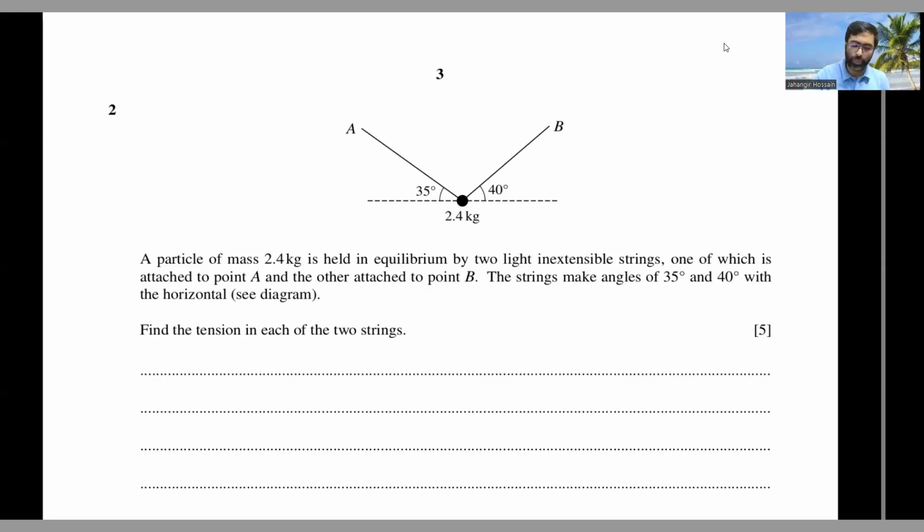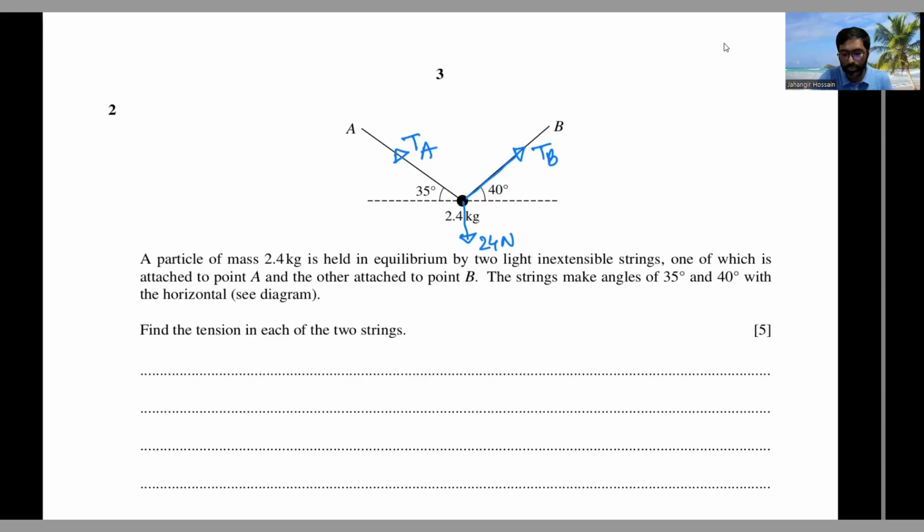Now let's see what forces are acting on the particle. There is tension coming from string B, and this string, let's call it TA, and there is weight. These are the three forces acting on the particle. Remember, weight is mass into g.